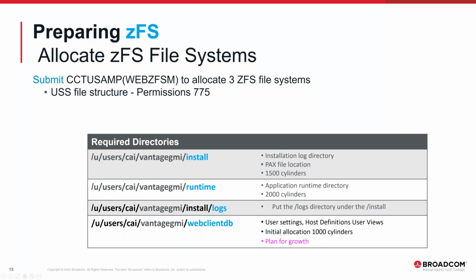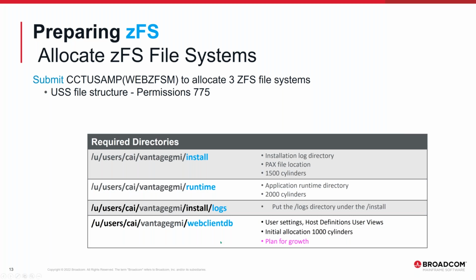We've already given you a specific amount of cylinders for each of them, so you don't need to change that. All you need to do is put it on a volser for non-SMS managed, or for SMS managed, add the storage class that you want to allocate it to.